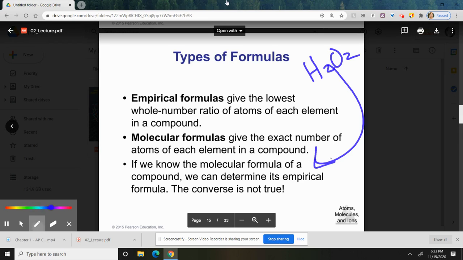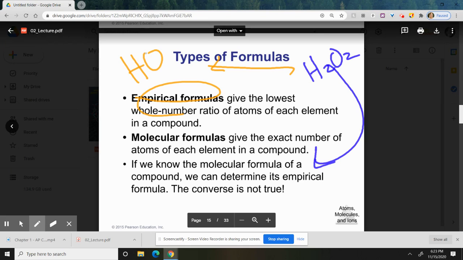But this is not the lowest whole number ratio, right? The lowest whole number ratio of this would be just HO, because we can divide all of our subscripts by 2. So when we get that lowest whole number ratio, that's the empirical formula. The molecular formula is exactly how it stands. Sometimes the two can be the same, but not always.